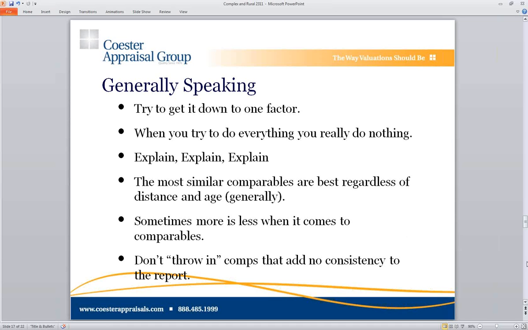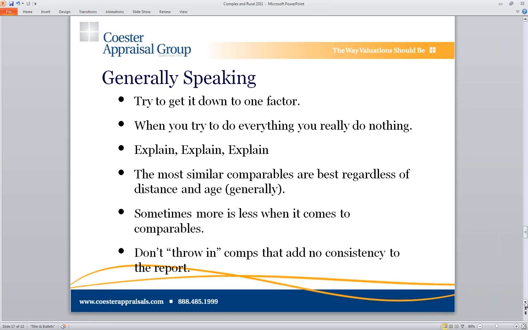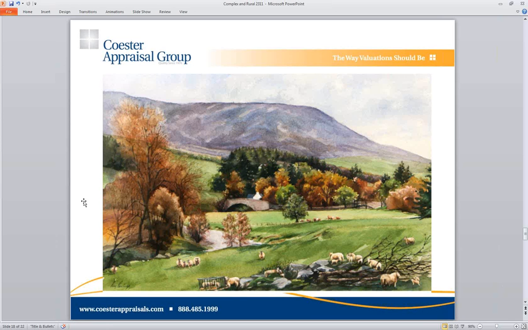Don't throw in comps to add consistency. Okay? And when you get, my father taught me how to appraise. He always says appraising is like painting a picture. So you want to paint a landscape. So you want to paint consistency. You want it so that the reader understands this report.